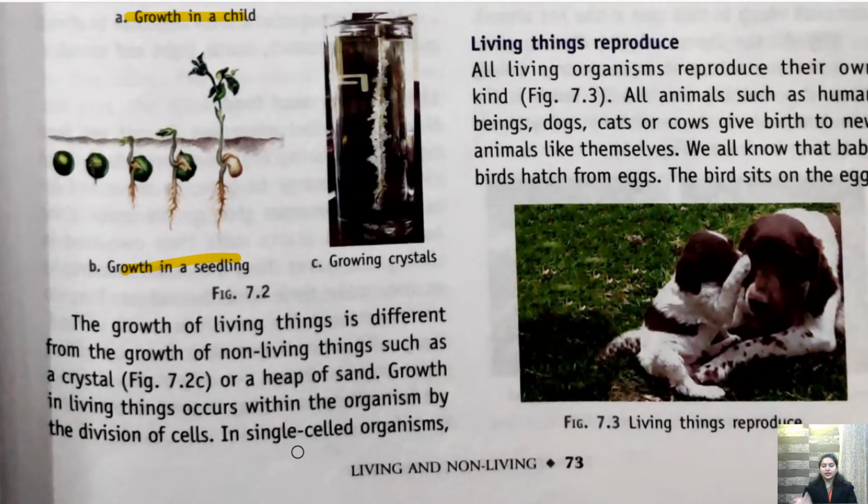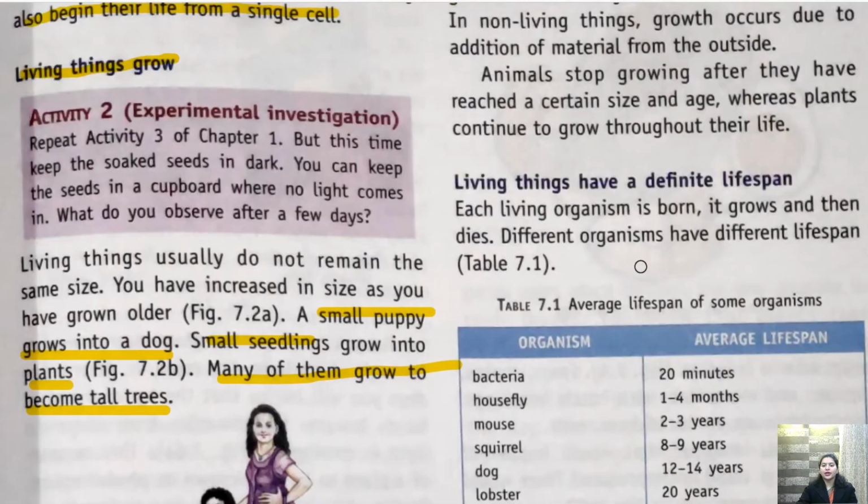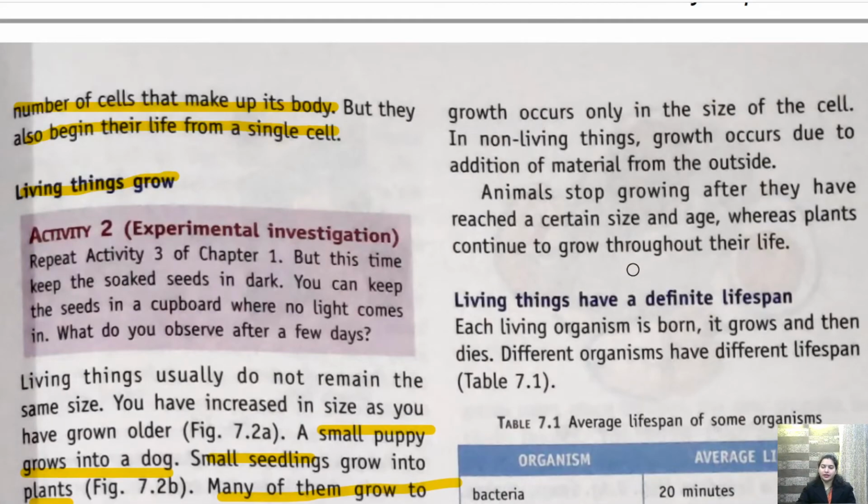So, the cell has a capacity to grow or multiply. या तो वो नंबर में बढ़ जाते हैं या तो वो साइज में बढ़ जाते हैं. ठीक है? So all the living things grow, even unicellular organisms like amoeba and paramecium, they also grow. Okay, they grow and they divide and multiply. Clear? This is not the case with non-living things.